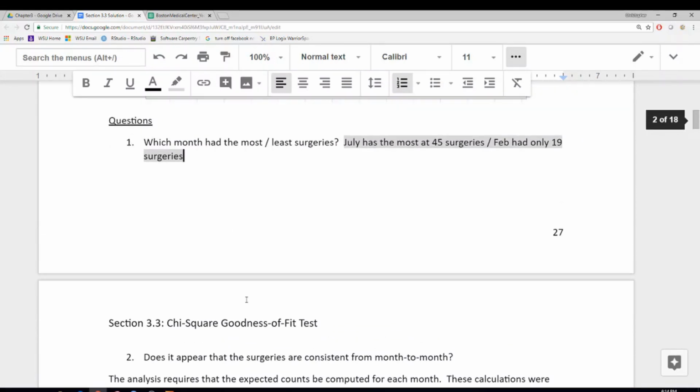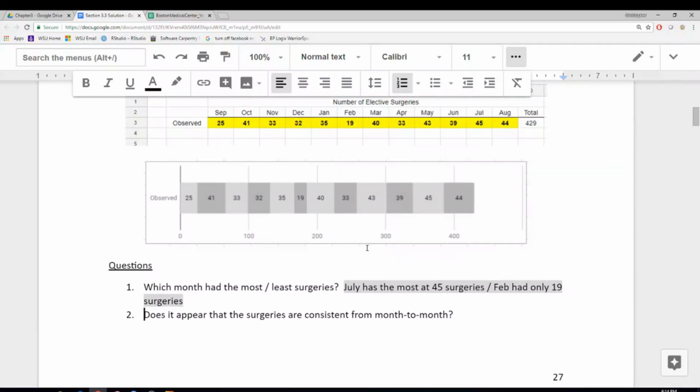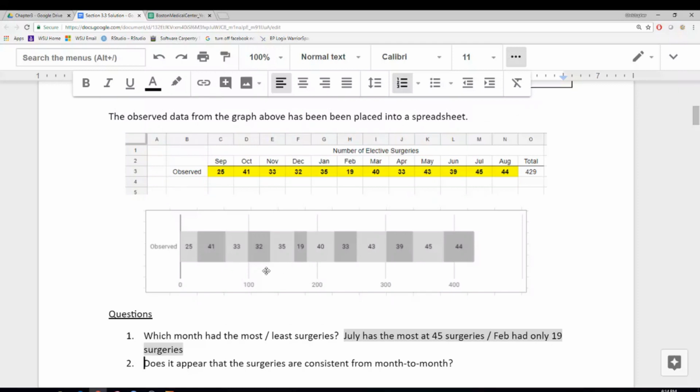How about the second question then? Does it appear that the surgeries are consistent from month to month? Well, there seems to be quite a bit of variation here. I mean, that's kind of a subjective question at this point. Certainly February, at 19, is the skinniest bar here. And July and August seem to be pretty large.